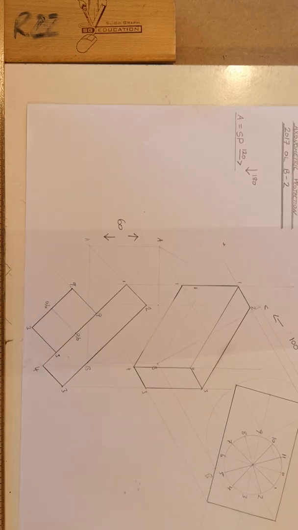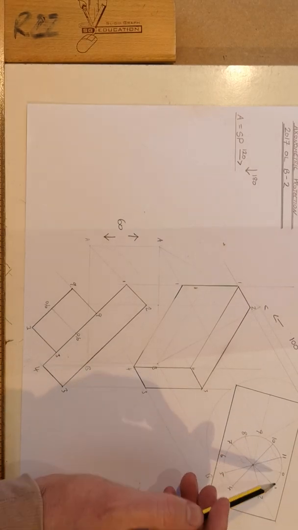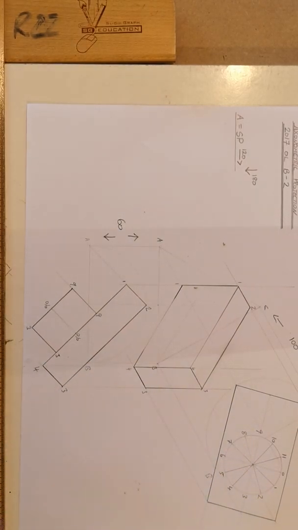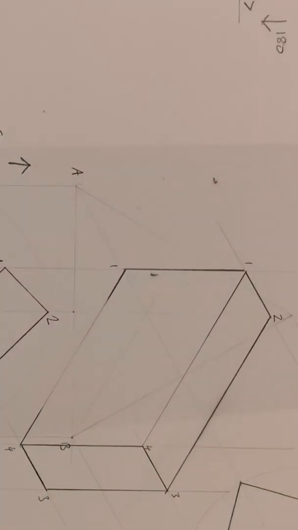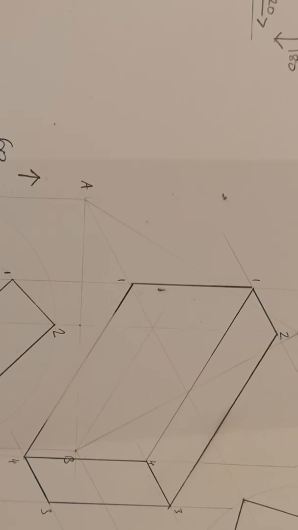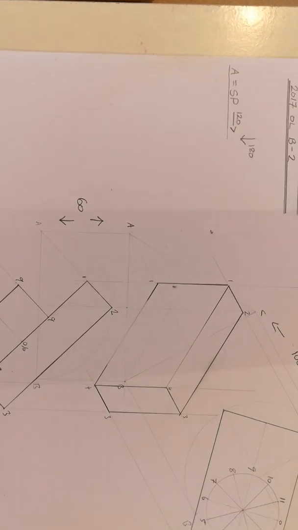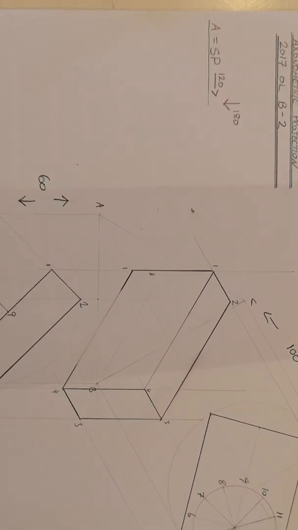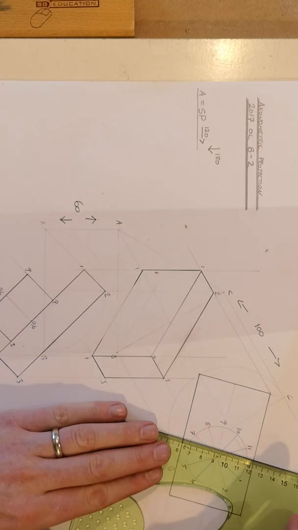Okay, now the small bit that's tricky is the distance now to get the other points. So the first thing I'm going to do here, guys, is I'm first of all going to really lightly join 7 and 11.